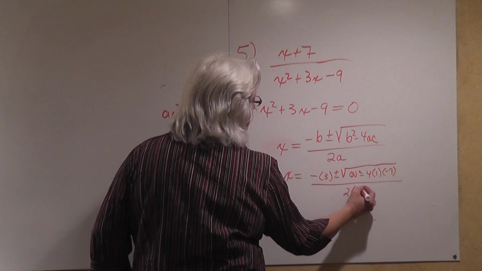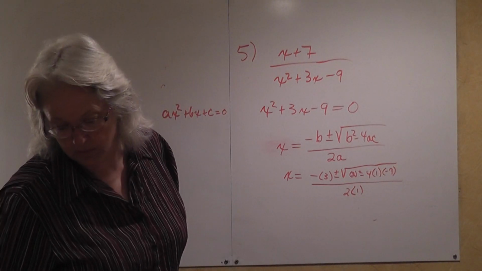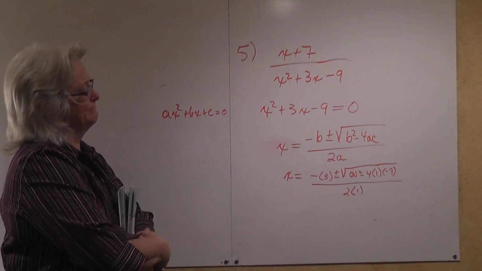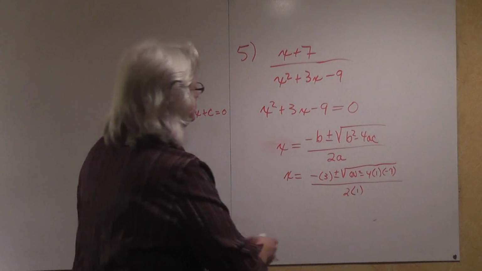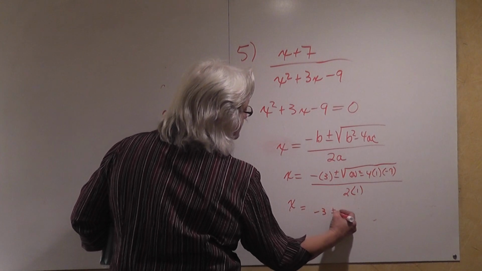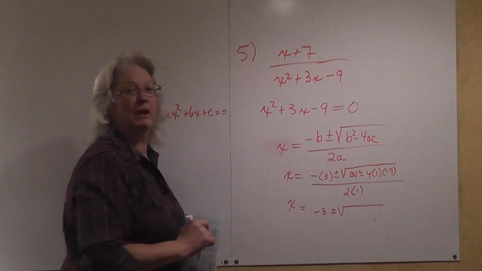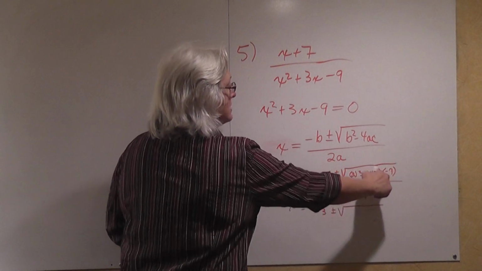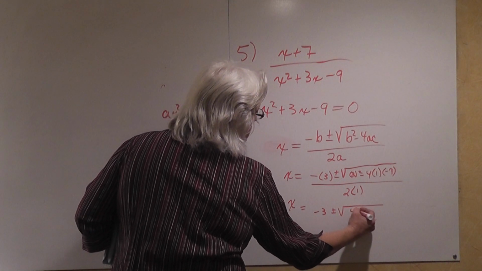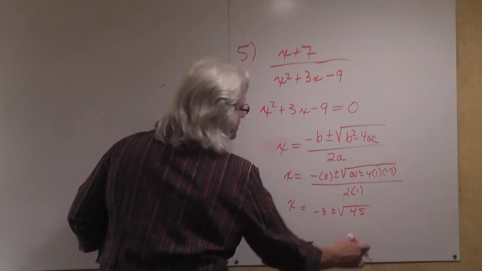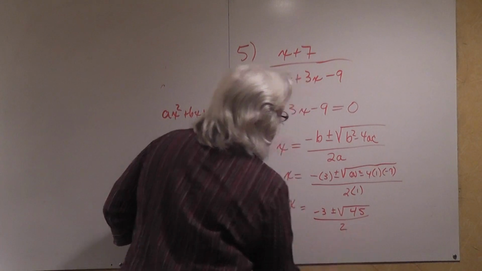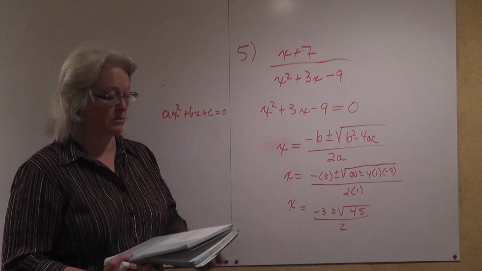Now, if you're looking at this, you see that we've got some interesting values here. x is equal to negative 3 plus or minus the square root of 9 minus a negative 36, which is 9 plus 36, so plus or minus the square root of 45, all of this divided by 2.